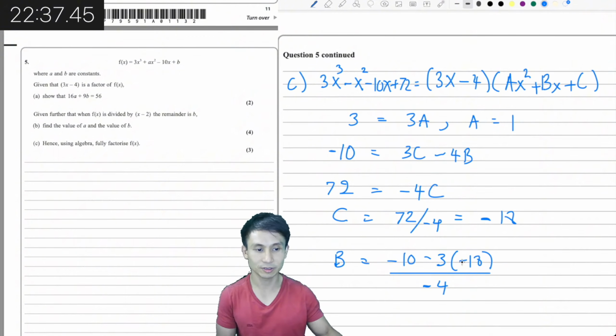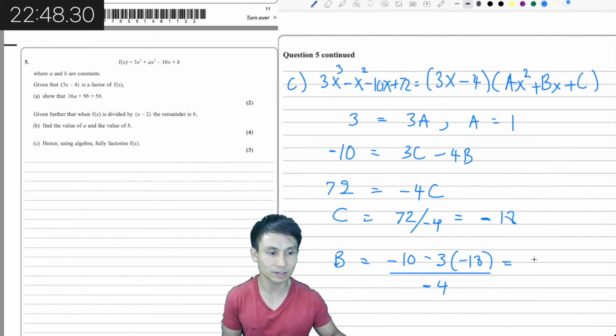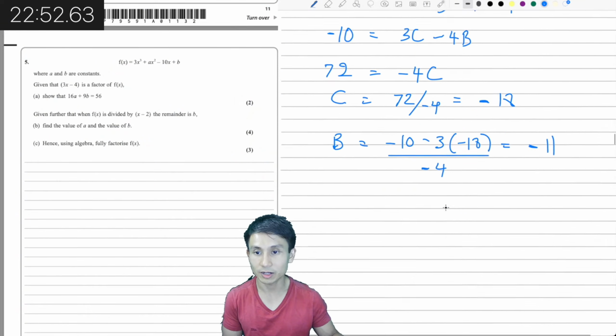That's right, yeah? So we have minus 10 plus 3 times 18, because minus minus cancel that, and divide by minus 4, so we get minus 11. All right, we got a, b, and c now.